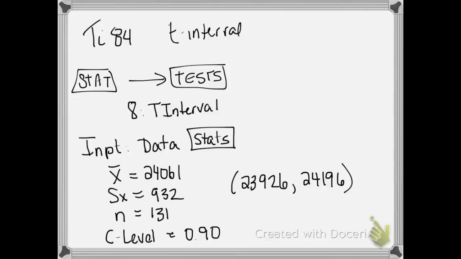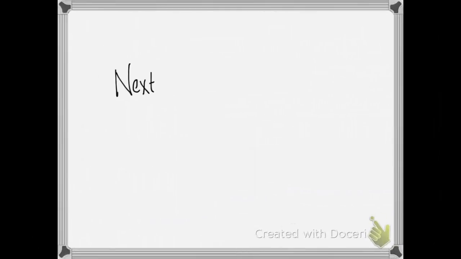There's an easier way to do this on the TI-84. If you click Stat, then click over to Tests, choose number 8, t-interval, you input the mean, the standard deviation, the sample size, and the confidence level of 0.90, and it will tell you the confidence interval that way.